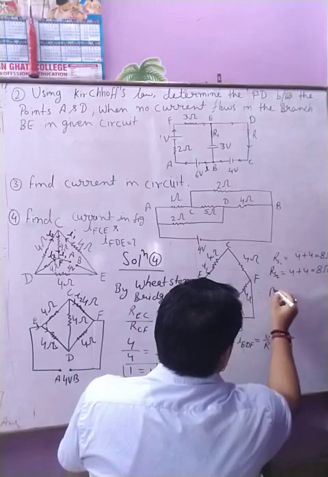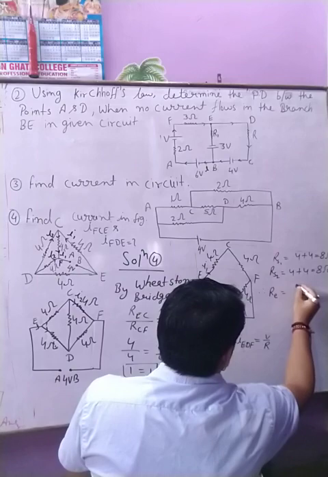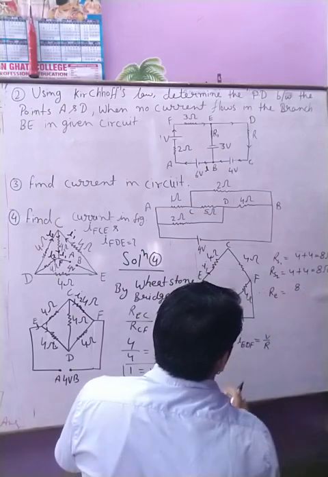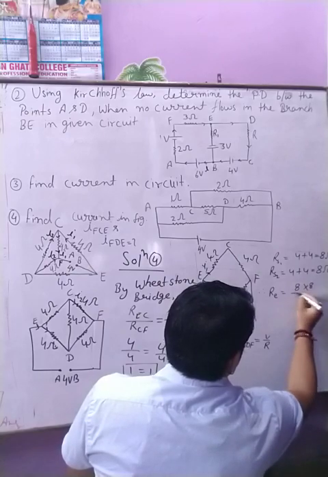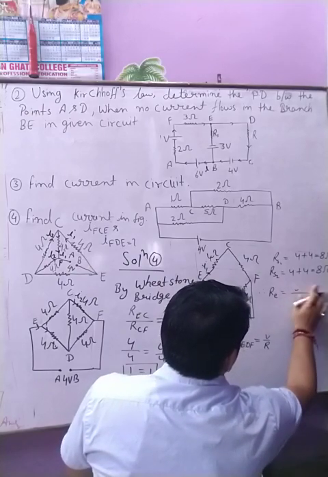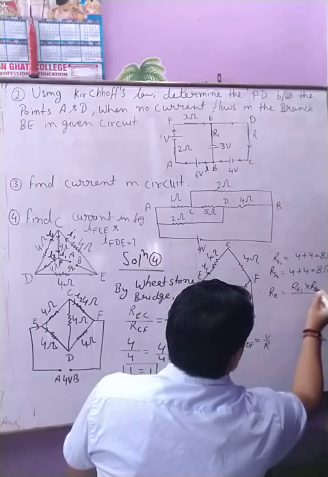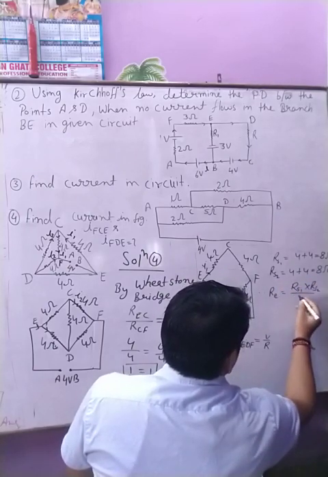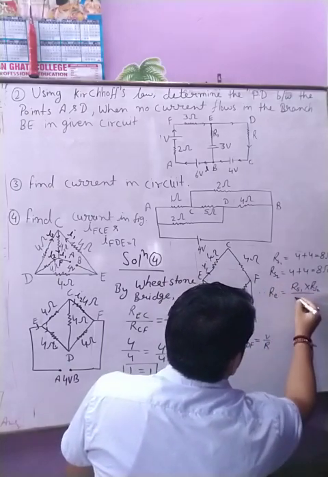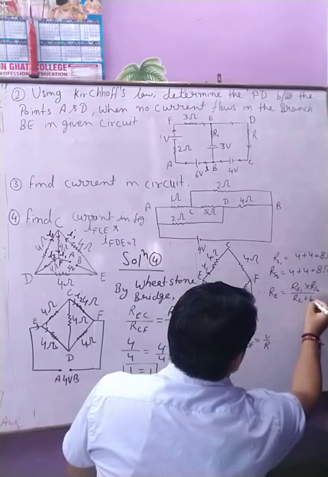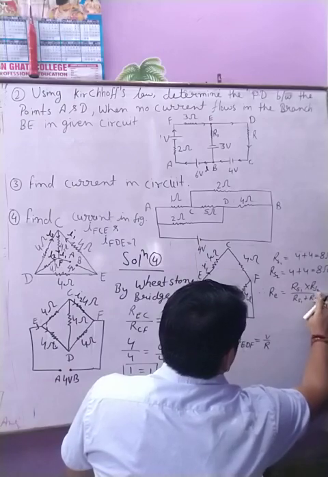Now R equivalent is equal to 8 into 8 upon, or we say, RS1 into RS2 upon RS1 plus RS2. This is series parallel combination formula.